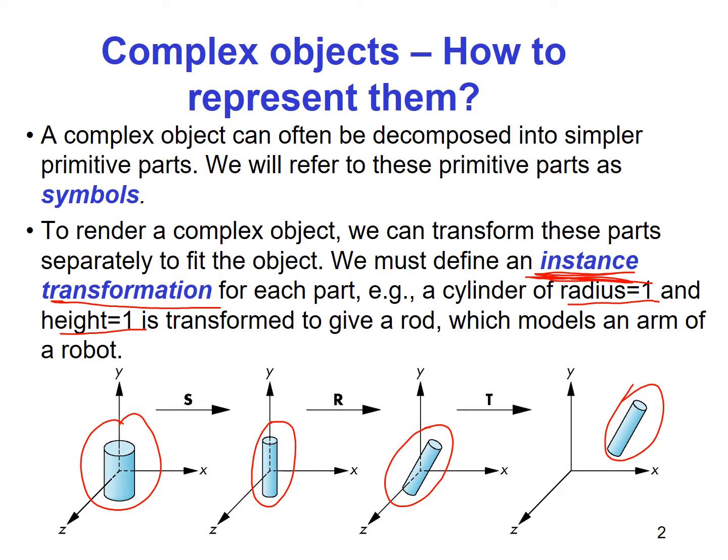Now we can scale, rotate, and translate this same symbolic object to form a different limb of the robot. And if we continue this process, we will be able to make more complicated objects.